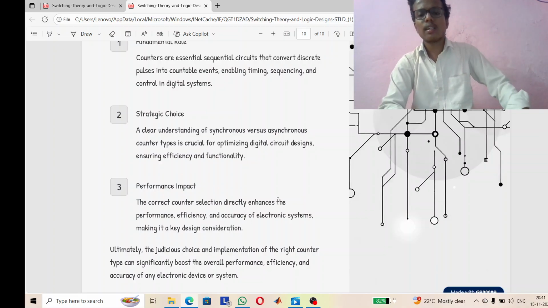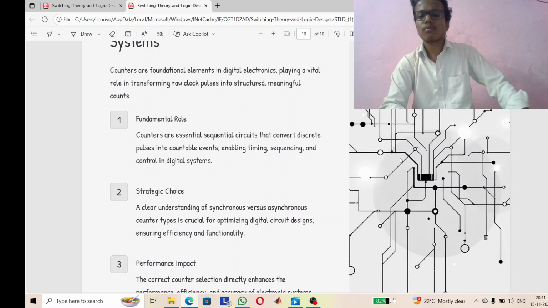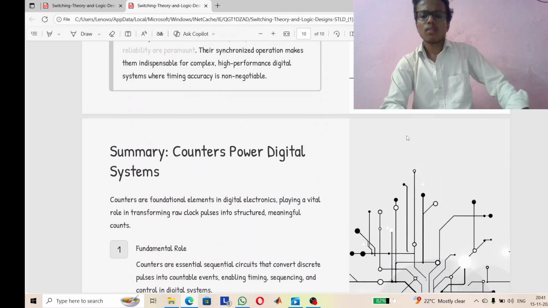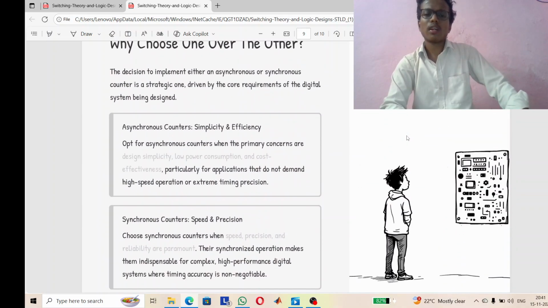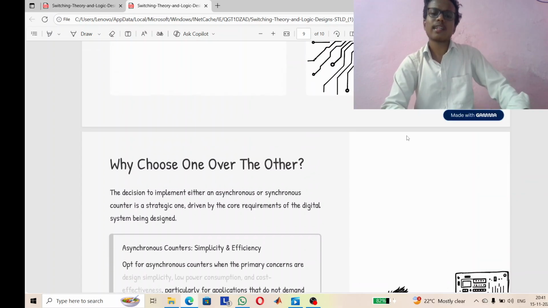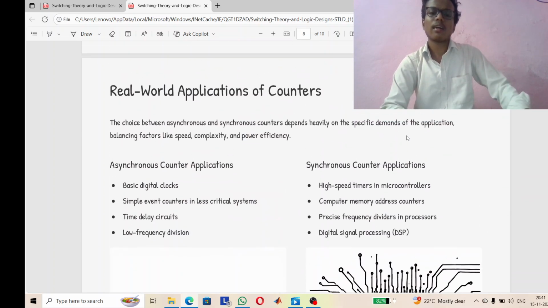See the diagram. We are also seeing why to choose one over the other. And the second aspect is the real world applications of counters.